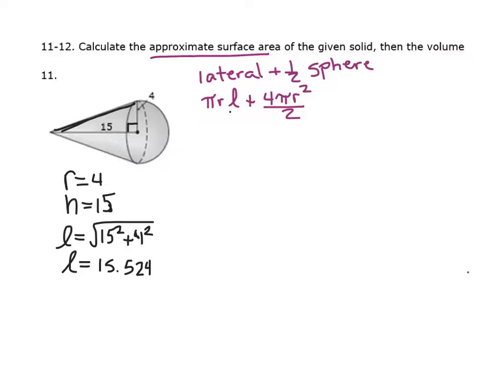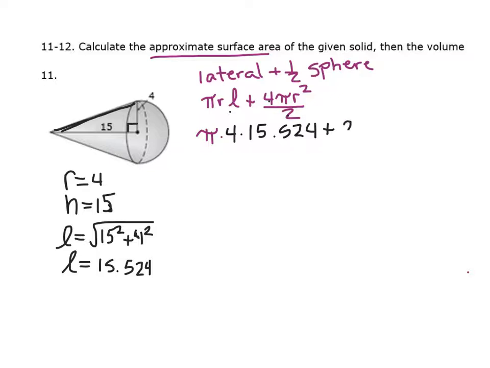So we're going to go ahead and take all those values and plug them in. So we have pi times the radius, which is 4, times our slant height, which is 15.524. And then we're going to add it. You can reduce the 4 over 2 if you want.